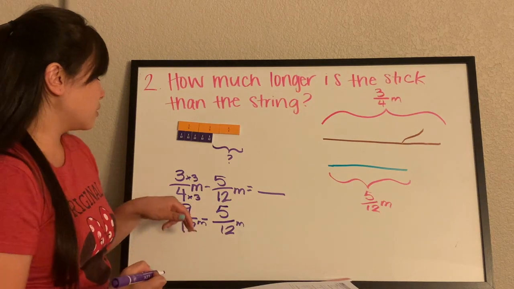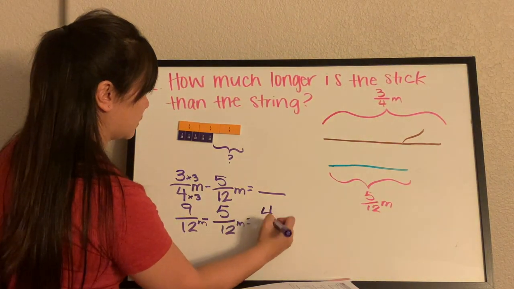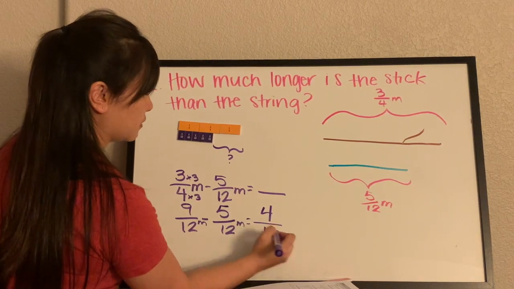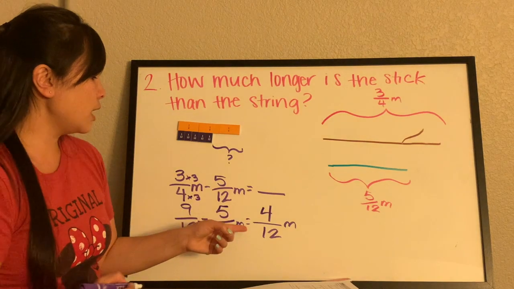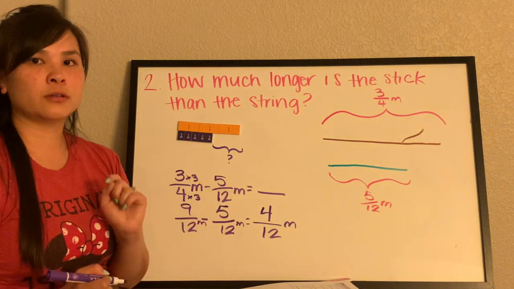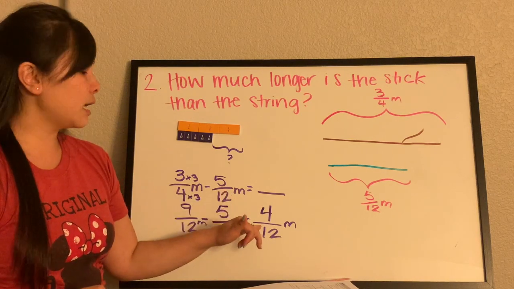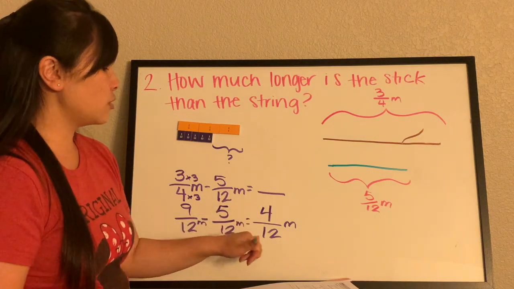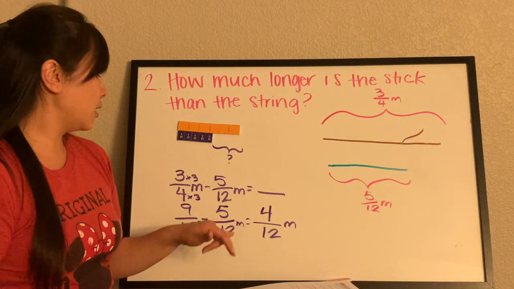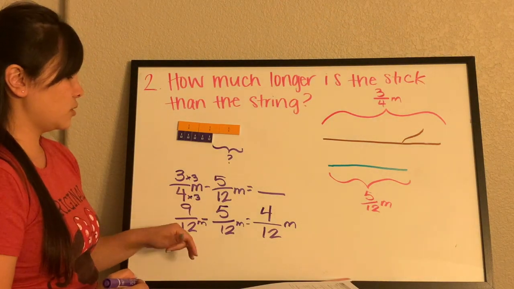Okay, so 9 minus 5 equals 4/12 meter. So now that I know that 4 and 12 are related, I do know that means that this can actually simplify, right?